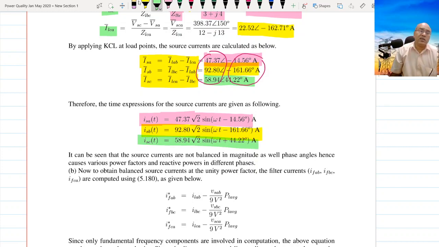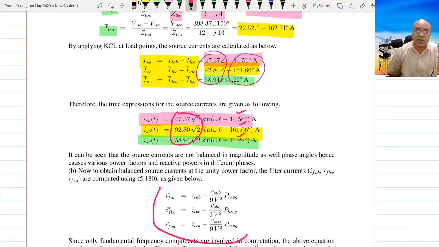Now we have to find the reference filter currents so that the source currents are balanced. They have the same magnitude. They are balanced means these magnitudes are the same and the phase angles have zero phase shift with respect to their system voltages. So we know the expressions for them.